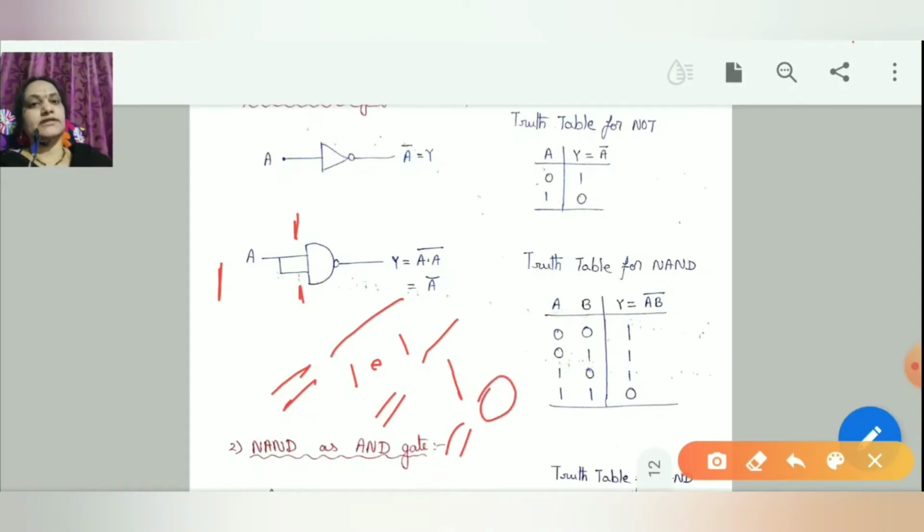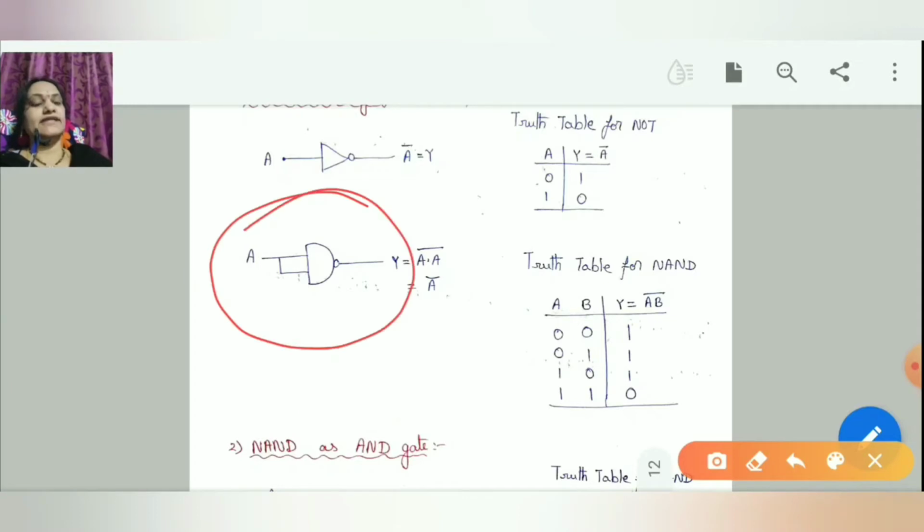That means when we give 1 as input, we are getting 0 as output. That means we have satisfied the second condition of NOT gate. Okay. That means this NAND gate serves as NOT gate. NAND gate serves as NOT gate.